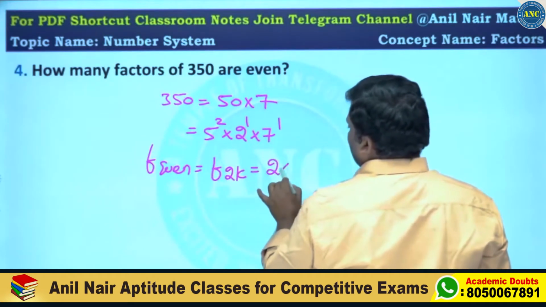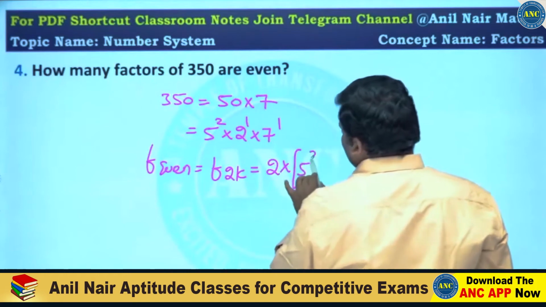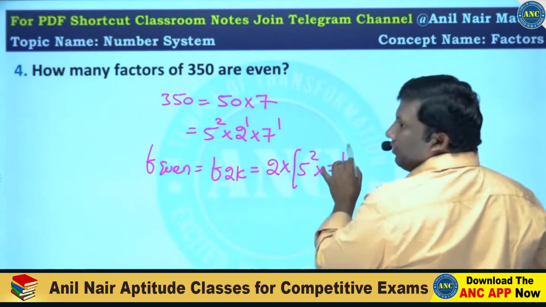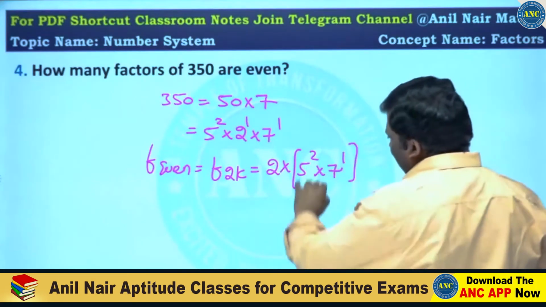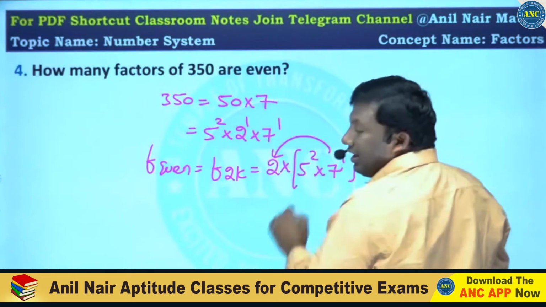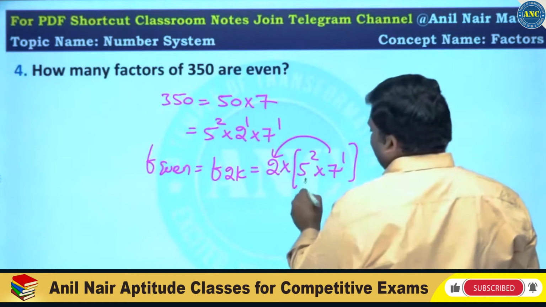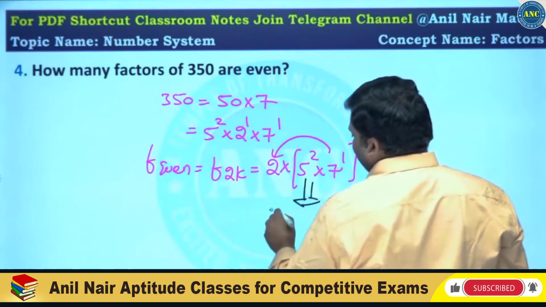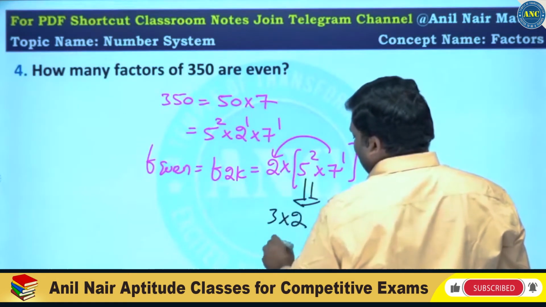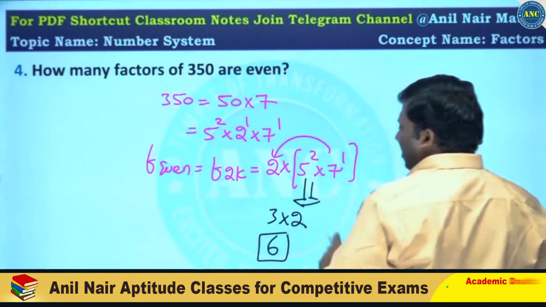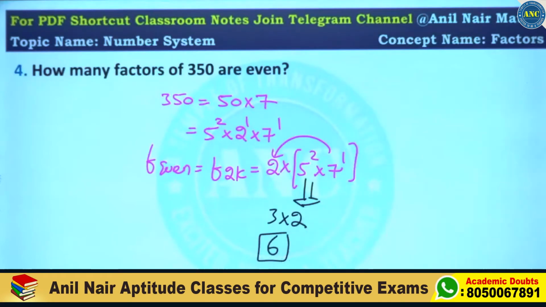So 2 into, remaining, it will be 5 square into 7 power 1. These are the numbers getting multiplied by 2, so it is an even factor. How many factors are there for this number? 3 into 2. Answer for this question is 6.